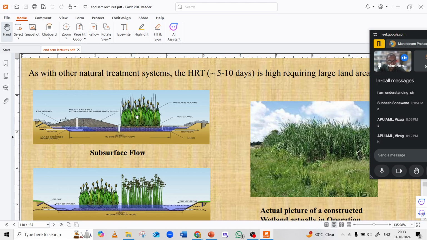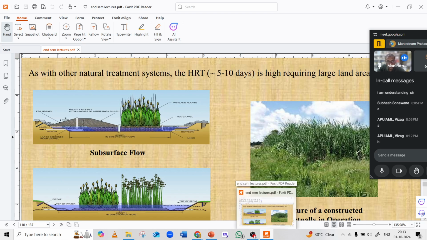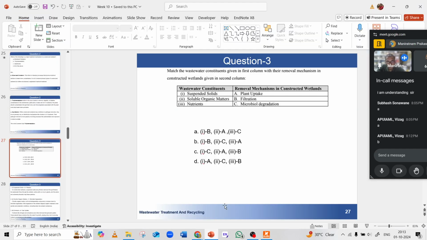Nutrients will be taken care of by the plants, because we know that plants can take up nitrogen and phosphorus. There will also be filtration due to the presence of these gravels. In that way suspended solids will be removed. So the correct answer is B.